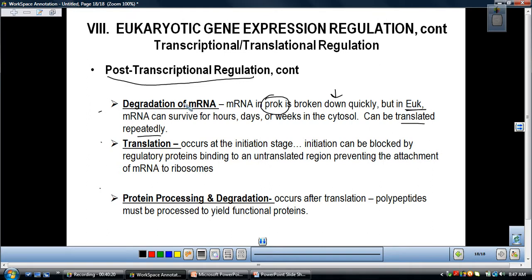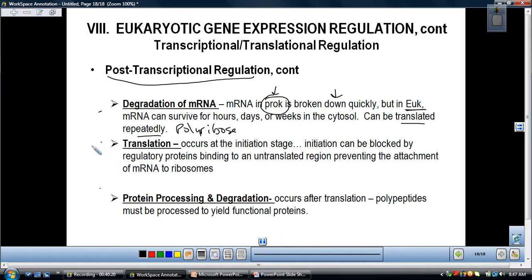So the mRNA doesn't necessarily degrade quickly. It can go through translation and be used a second time. And we even talked about the polyribosome effect as well. So bacteria also can do that in the case of these polyribosomes, but most prokaryotic mRNA is broken down pretty quickly.